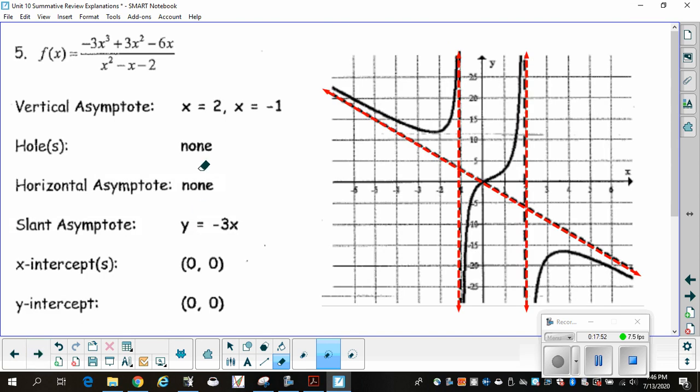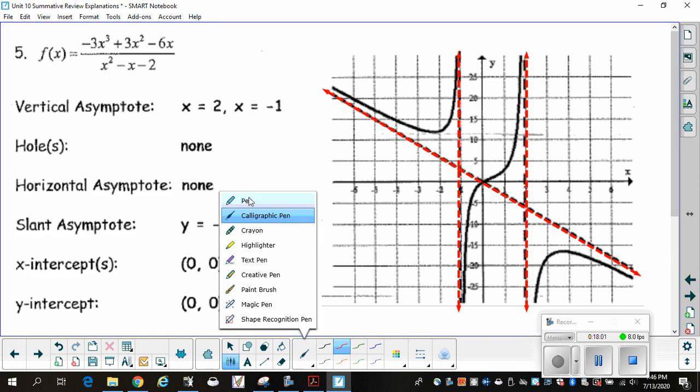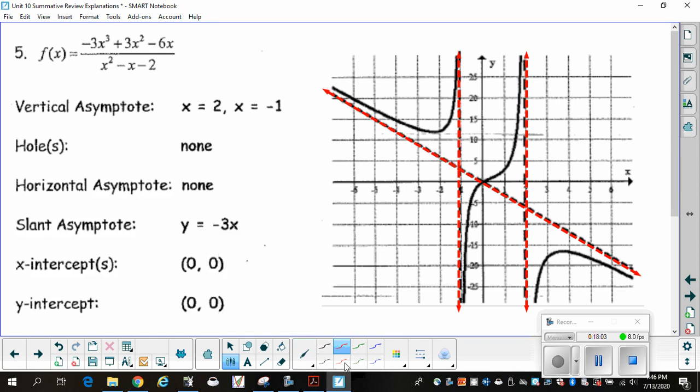Number 5. Okay, here, and to speed this up a little bit, just because this is the review, and we're doing all the same things, I'm going to go back to the regular pen, because this is getting a little bit too crazy. So we can look up here, and we're going to get negative 3 out, and we're going to get an x out.